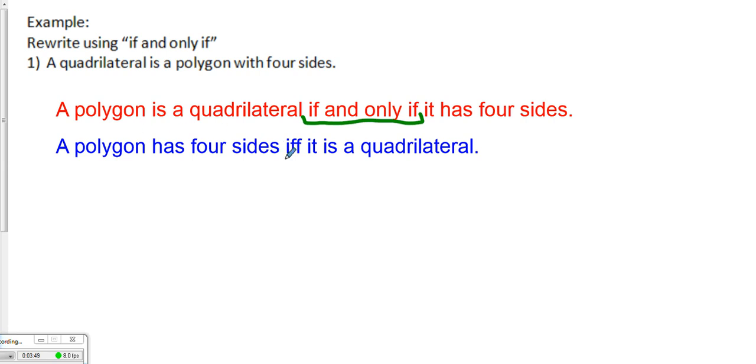A polygon has four sides if and only if it is a quadrilateral. Again, you don't need to write both of these. I'm just showing you that there are two possible ways to do it. One where you start with quadrilateral, one where you start with the four sides, one using if and only if, one using the three-letter "iff". Either way works.